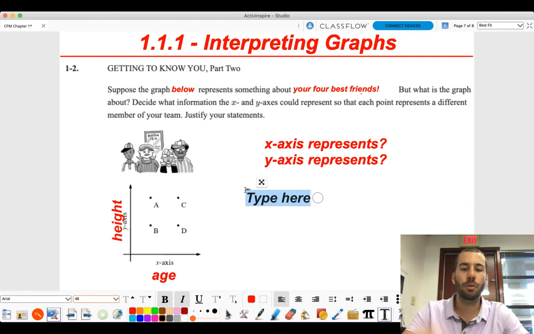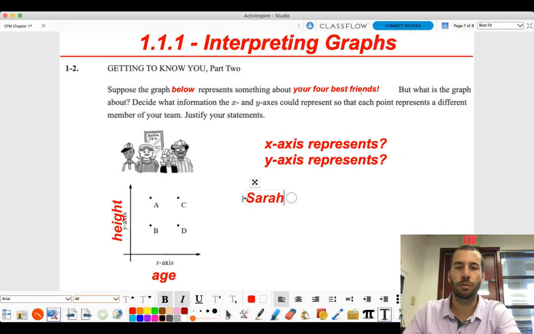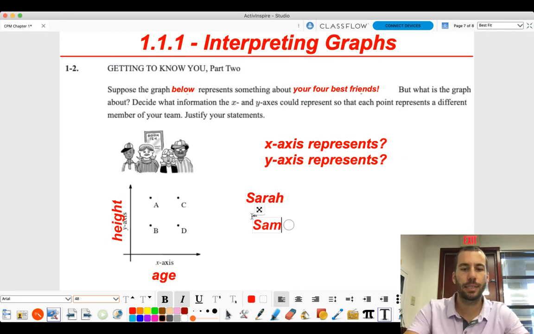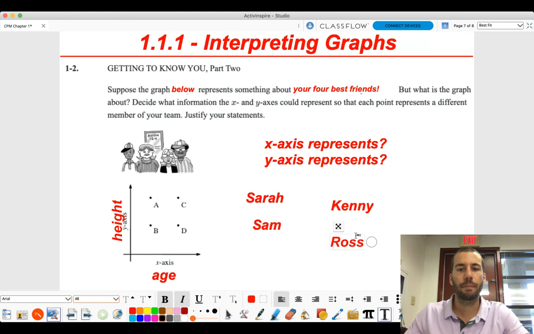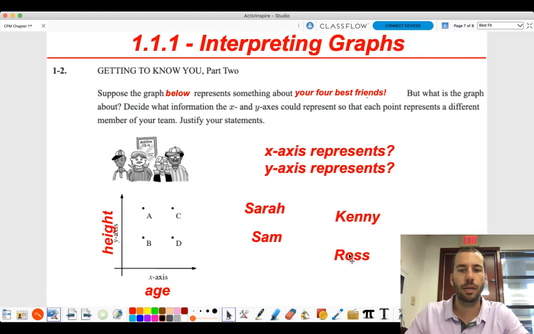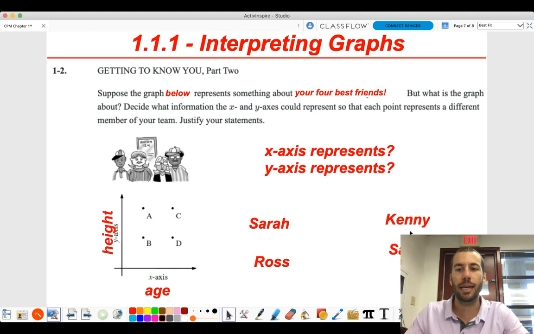So those 3 people, Sarah, who's my wife, Sam, who's me, Kenny, and Ross. Now, if I think about these people, Ross and Sarah are the same age. And Kenny and I went to school together, and we're actually the exact same age as well.